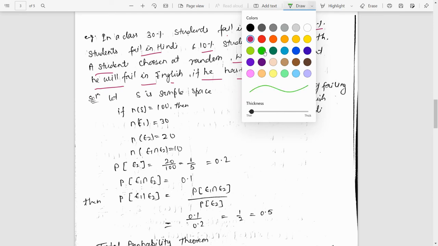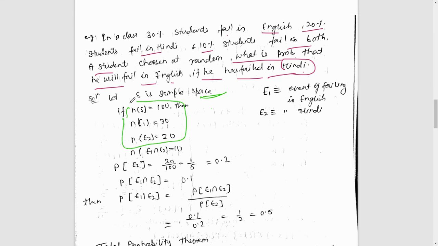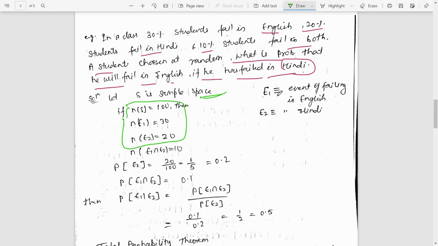S is the sample space, you can assume. Whenever percentage questions are given, you can calculate the probability by translating in terms of 100, or you can directly assume the probability. Let's say E1 is the event of failing in English, and E2 is the event of failing in Hindi. Probability of E1: it's given that 30% of students fail in English, so you can assume 0.3.